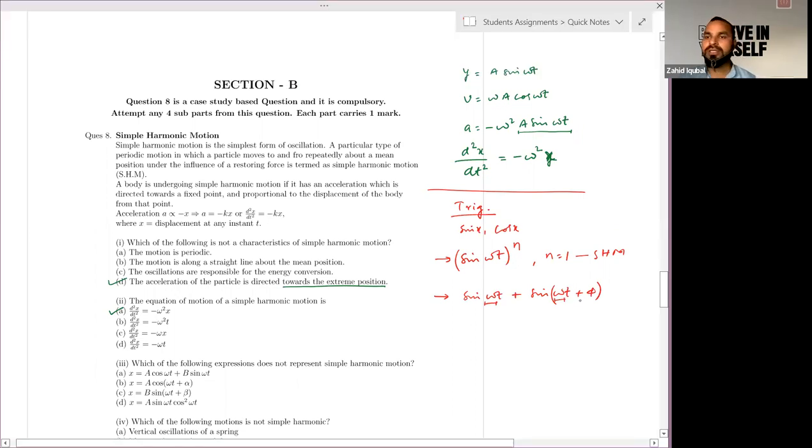If the angular velocities of the 2 SHMs are different, then it will be periodic but not SHM. So the first function will be SHM since it is a combination of sin and cos having the same angular velocity. Second is also SHM. Third is also SHM, but fourth is not SHM since it is a combination of sin and cos square, not their linear power. So it should not be SHM.